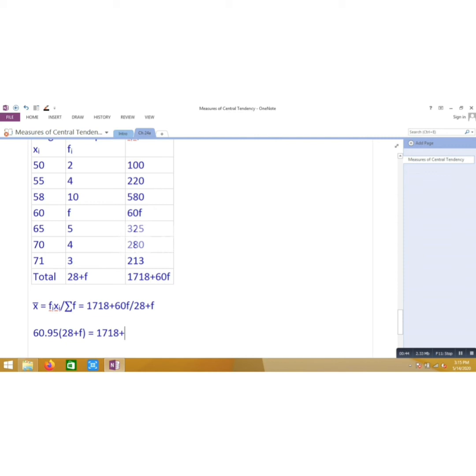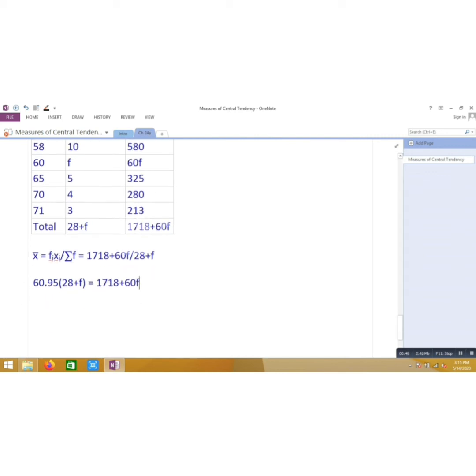So by solving, bringing f on one side and the numerals on the other side, 0.95f equal to 11.4. So the value of f is 11.4 divided by 0.95, that's equal to 12.